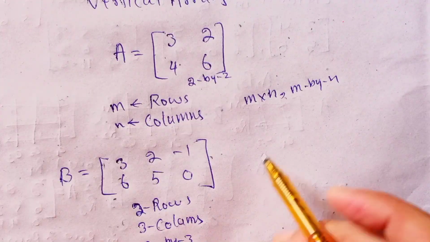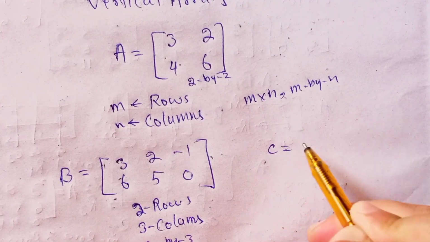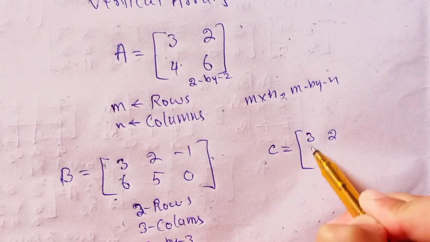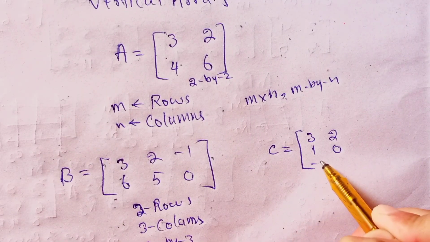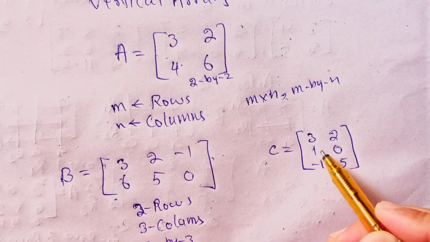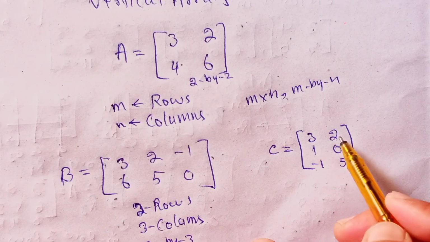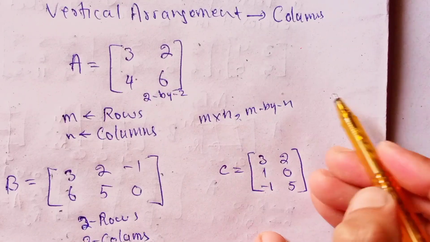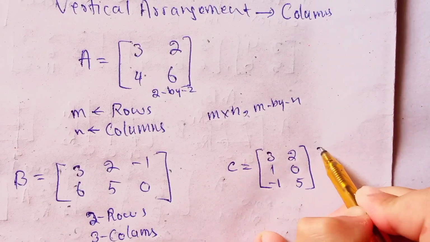Now let me have another matrix C: 3, 2, 1, 0, -1, and 5. Alright, so here if I look at this matrix, then this matrix contains 3 rows and 2 columns, right?